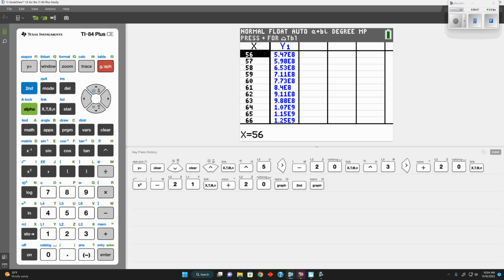If we go second table, use the arrow key. It doesn't give us so many decimals for the x, but it can for the y value.